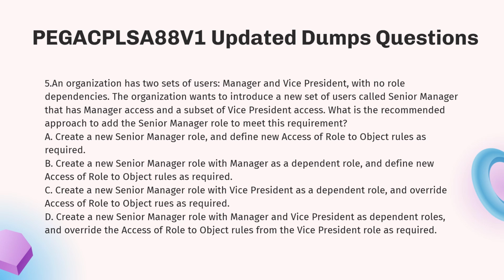B. Create a new senior manager role with manager as a dependent role, and define new access of role to object rules as required. C. Create a new senior manager role with vice president as a dependent role, and override access of role to object rules as required. D. Create a new senior manager role with manager and vice president as dependent roles, and override the access of role to object rules from the vice president role as required.